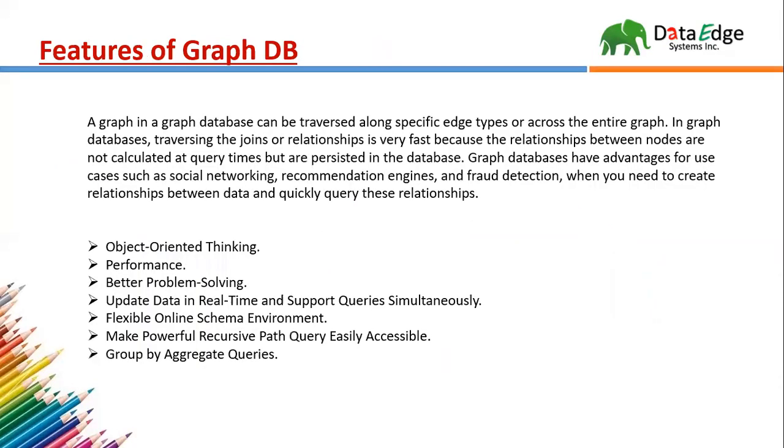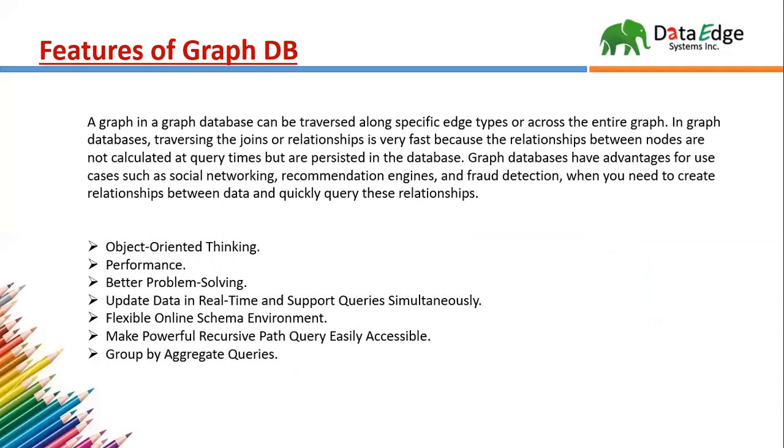So what will be the features? Why do we need the graph database? Simple reason. It is helpful performance-wise. How will it be helpful? When we are writing our query, at that time we can see it correlates the things to our real world entities and it makes for an object-oriented way of thinking while designing our databases.